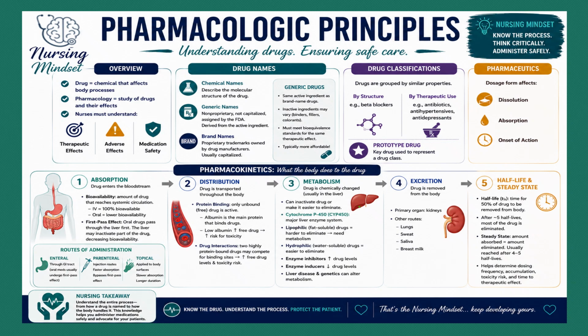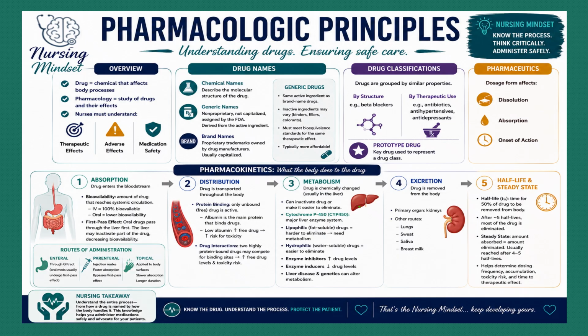Now, a lot of patients take more than one medication. Let's say they're taking two highly protein-bound medications. They're going to compete for the same protein binding sites, increasing the amount of active medication in the bloodstream, thus increasing risk for toxicity.